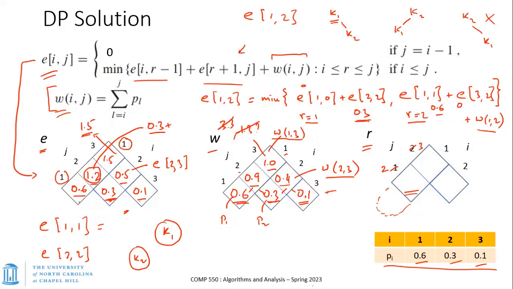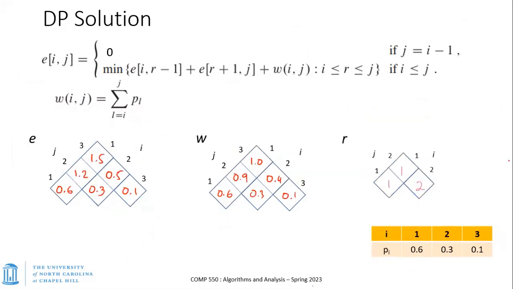Was it this value or this? It was with R equal to 1. So we're going to say that R equal to 1 was chosen at this particular juncture. And so on. So you can fill up this table. It's a little tricky to figure this out, but basically it is the R value which is selected. If I just show you the solution, this is what we have.